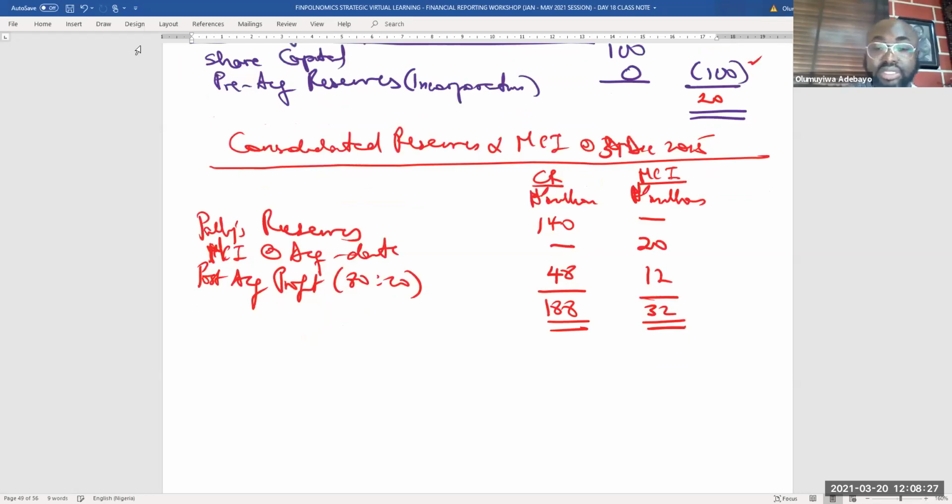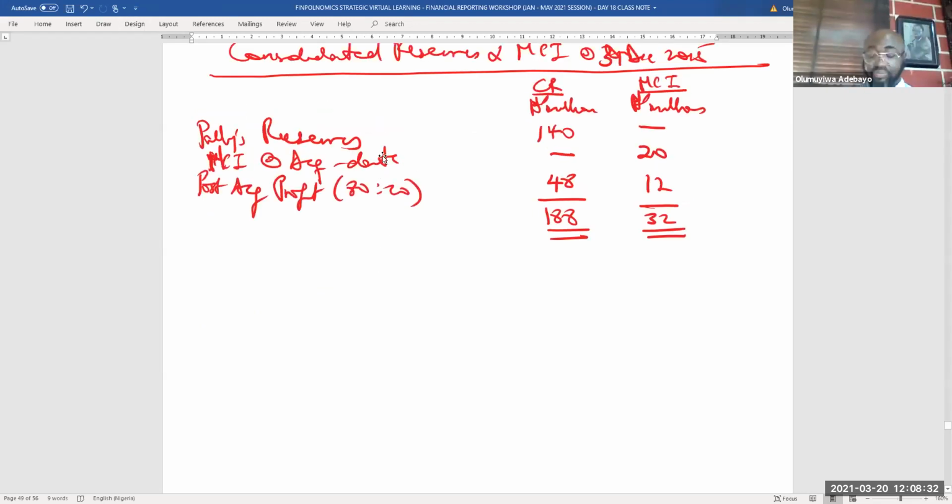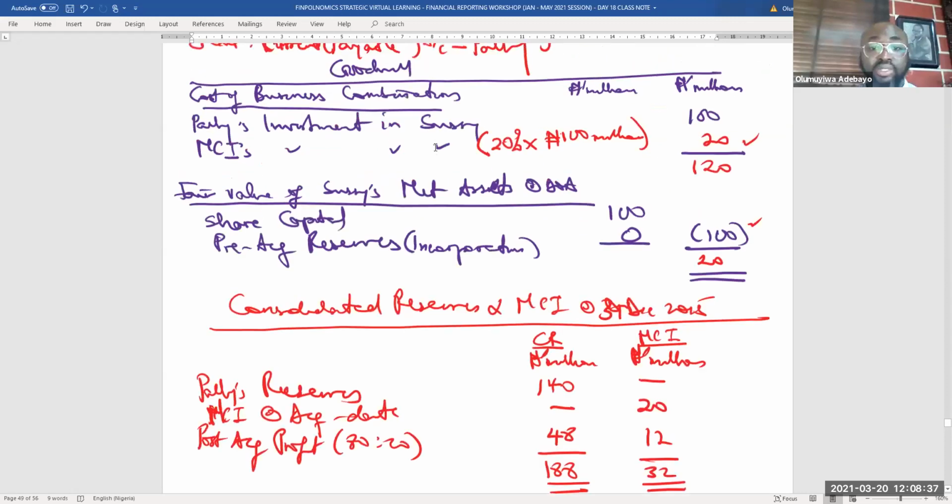Okay, I think we didn't show the group structure earlier on. I don't need to waste time. Let me just copy the group structure here. That's a similar question.